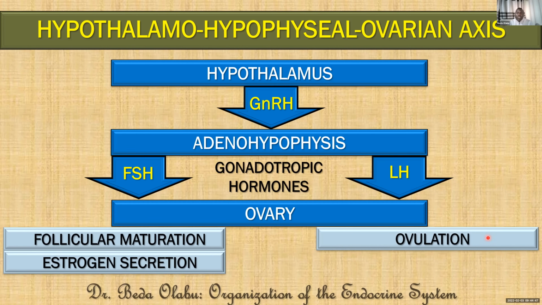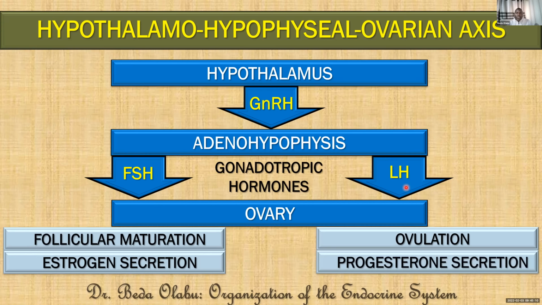That surge of luteinizing hormone causes luteinization of the follicle. And so the cells that were producing estrogen before ovulation now predominantly produce progesterone and less estrogen. And so we can say that luteinizing hormone promotes progesterone secretion.